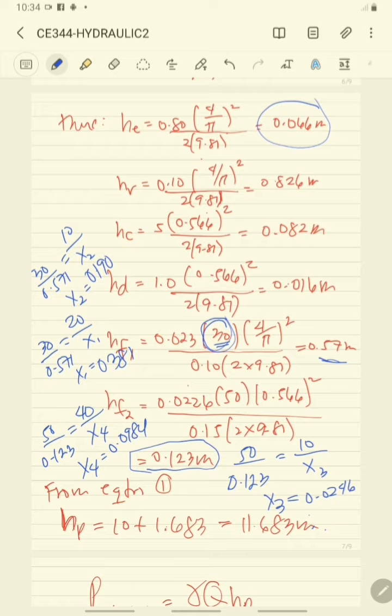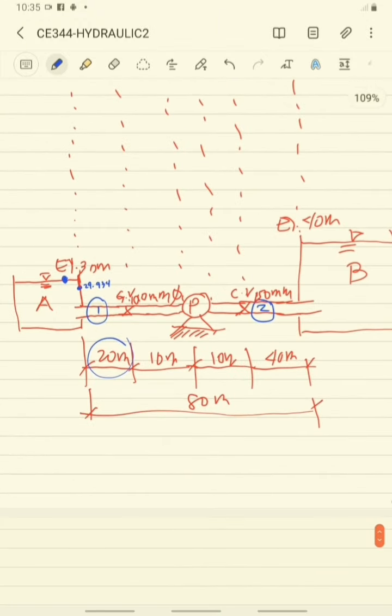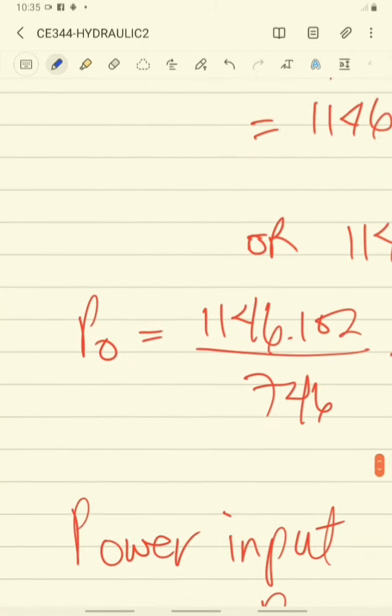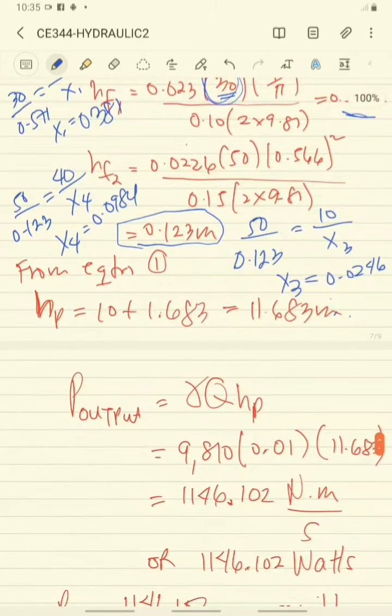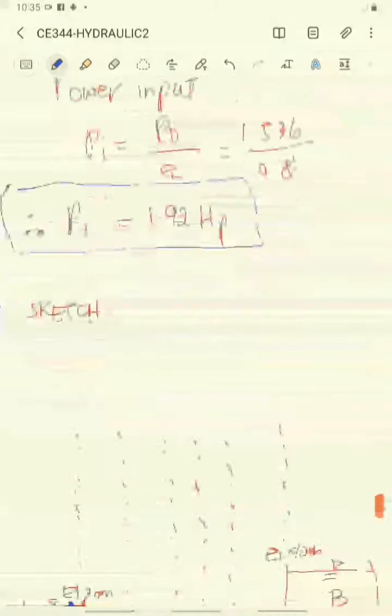So we have to do this because of the sketching. So here again, we have to compute again. So the head loss for friction of pipe 1 is, you have to minus, that is, the head loss is 0.381. So minus 0.381. So that is 29.553.